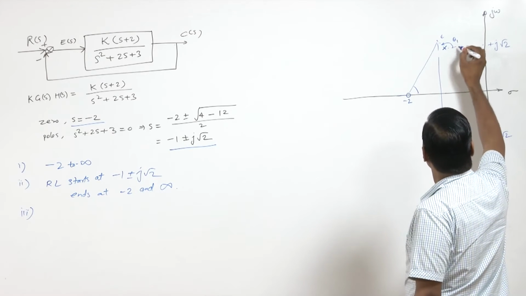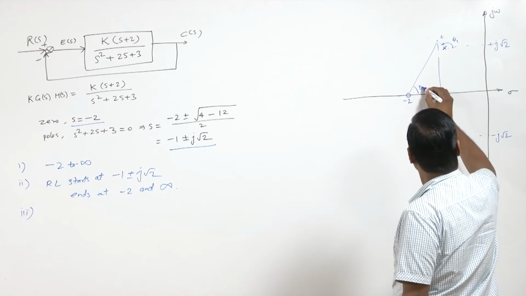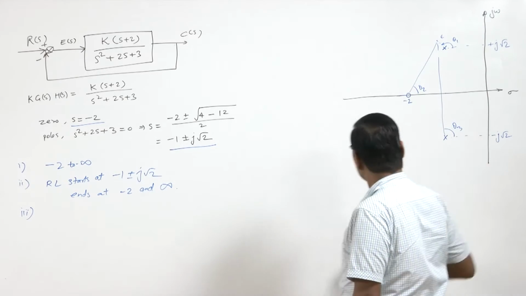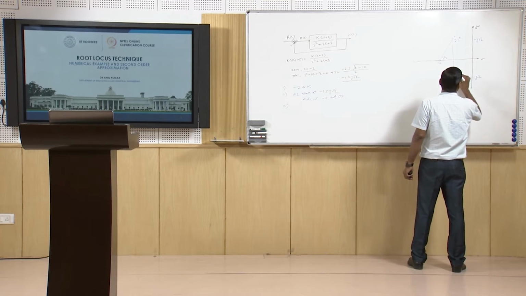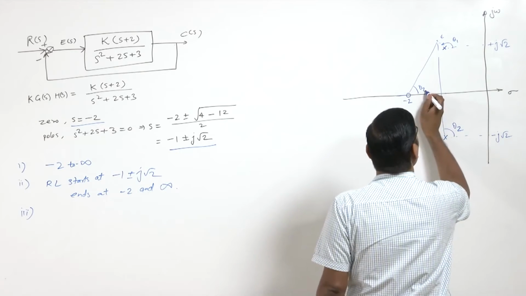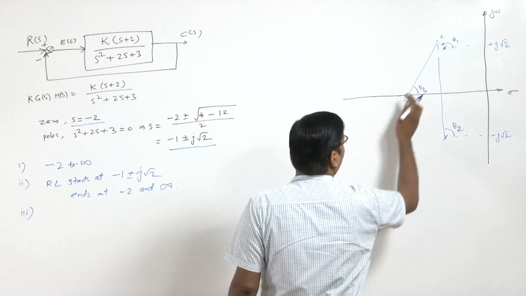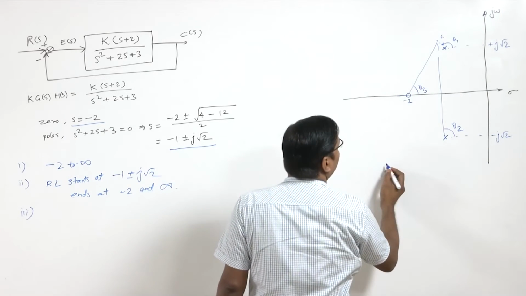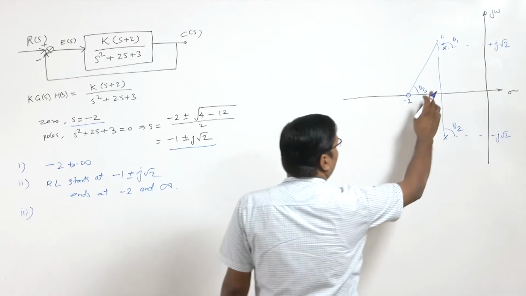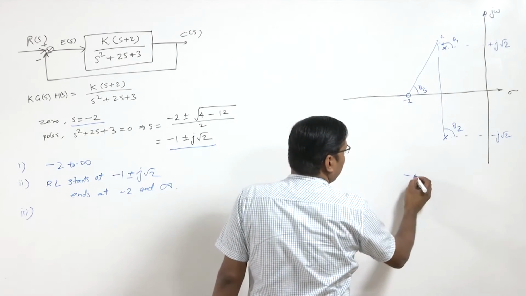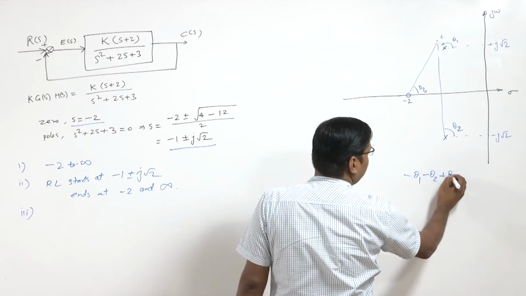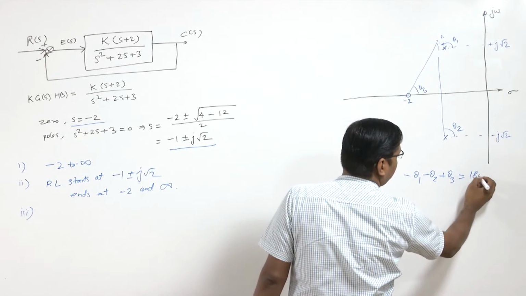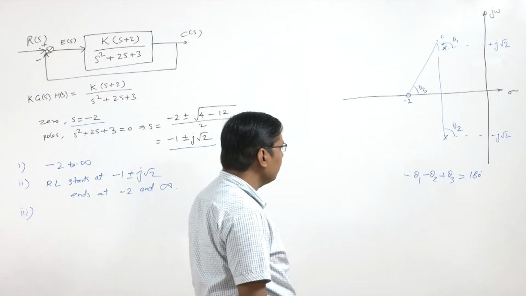If we say theta 1, theta 2, theta 3, then we have minus theta 1 minus theta 2 plus theta 3 equal to 180 degree. Here we assume K equal to 1.